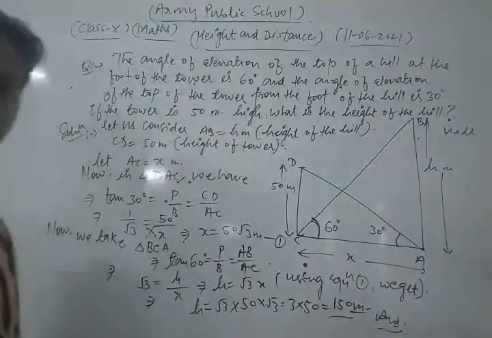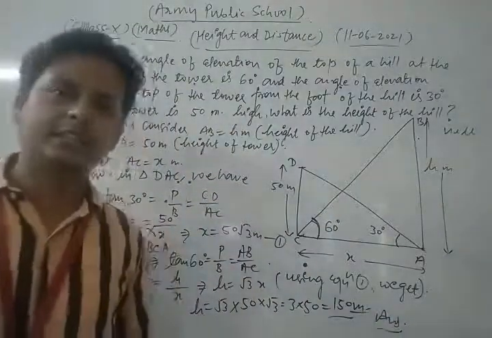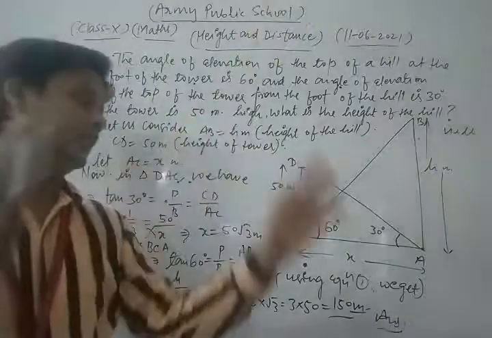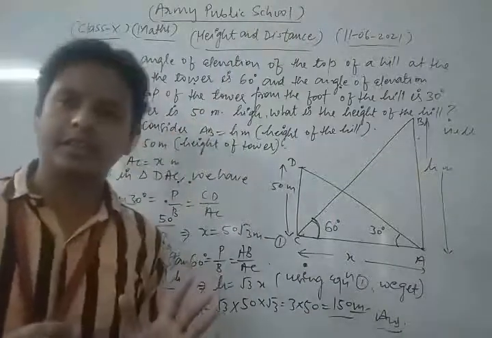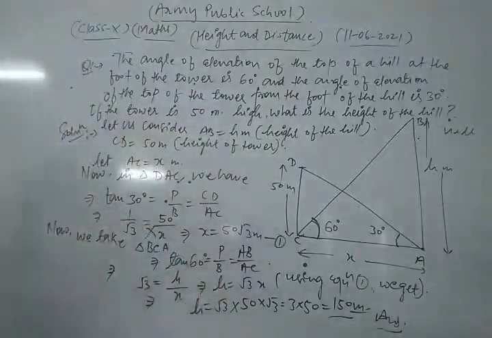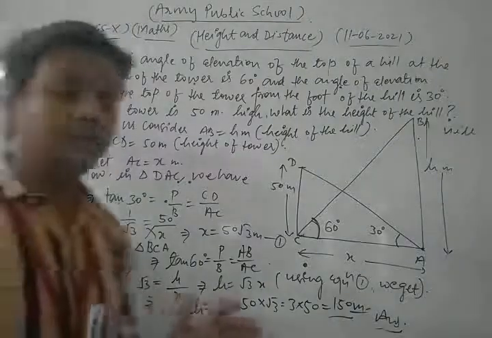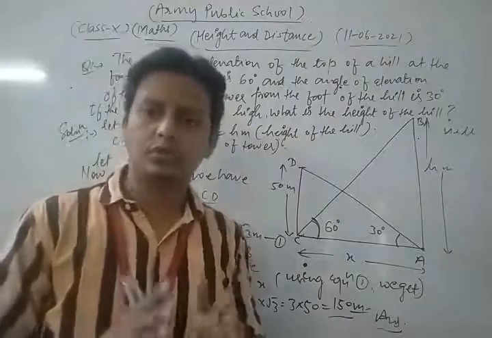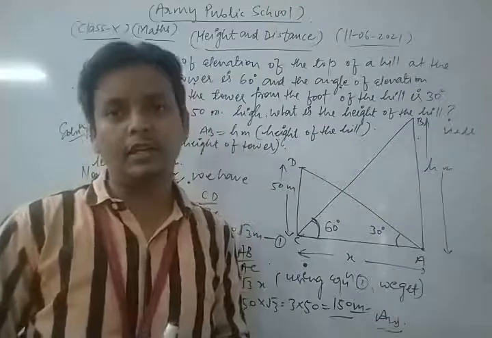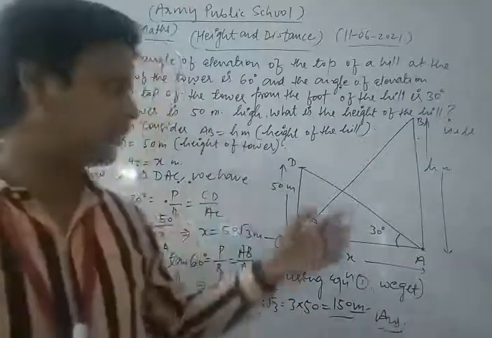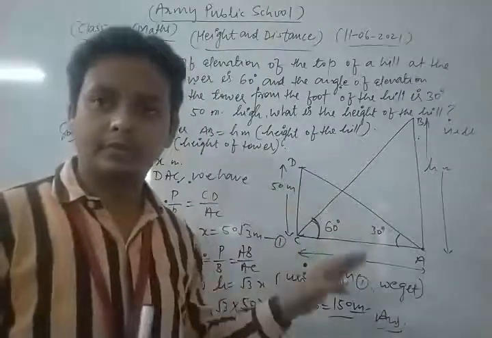In this way we can say that, dear student, the height of the hill is 150 meter. This is your question. So in this way, first of all you read the question very carefully. After reading the question, you draw the diagram very carefully also.